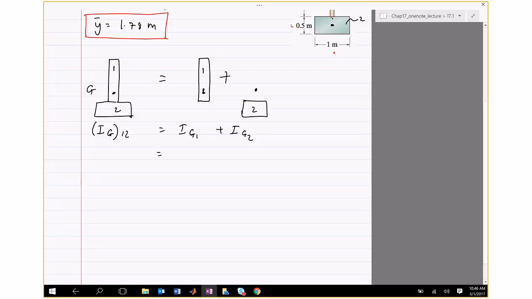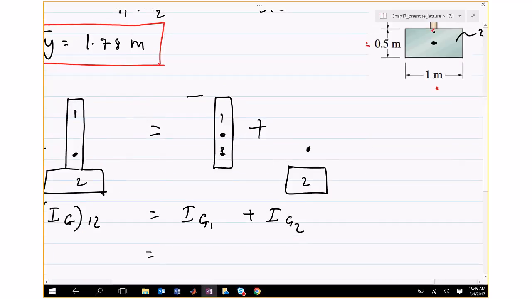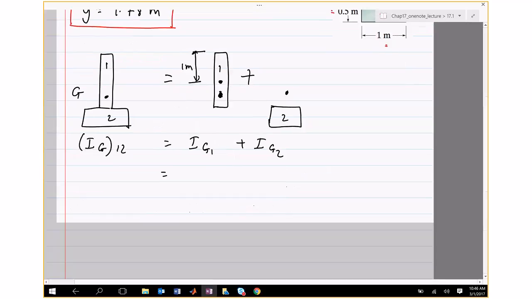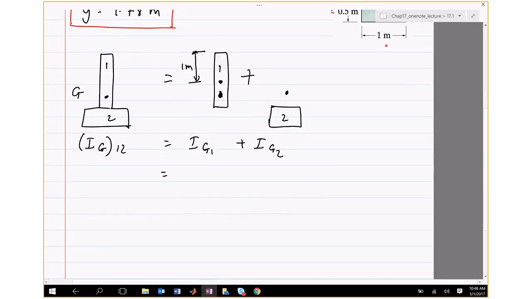The center of mass is somewhere here, right? It's at 1 meter, while we want to find the inertia about this point. So we have to find the inertia about the actual center of mass of the rod, plus m times the distance of this axis from the center of mass. So we have to invoke the parallel axis theorem.